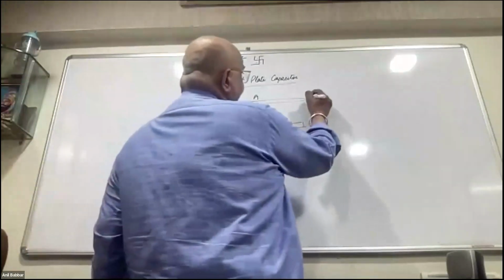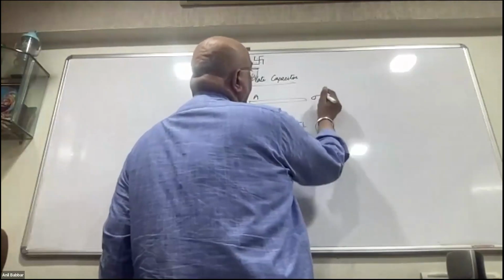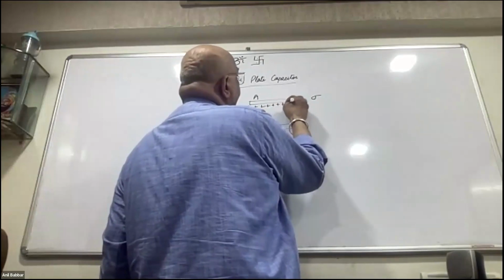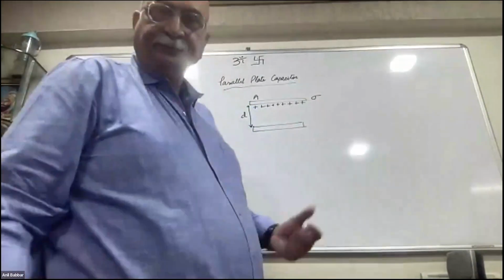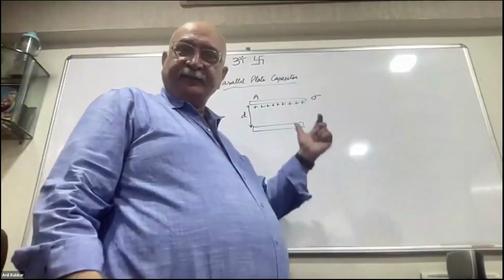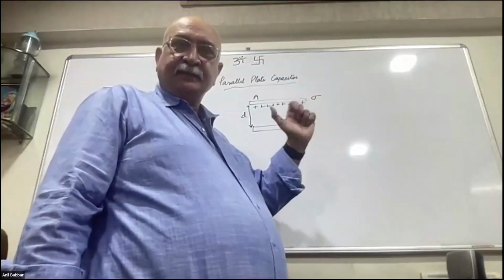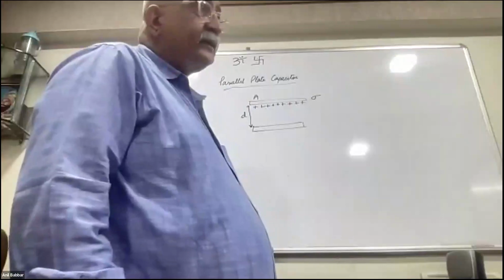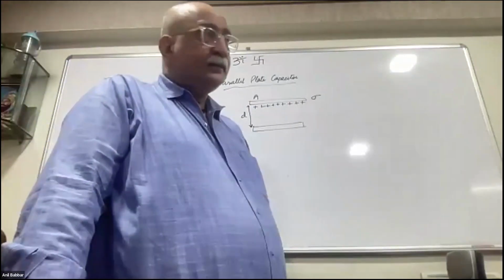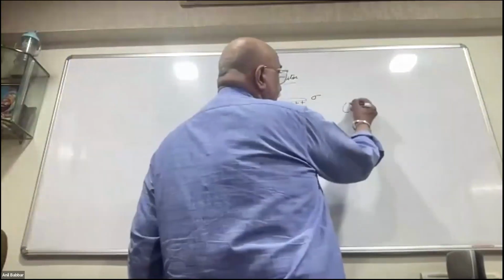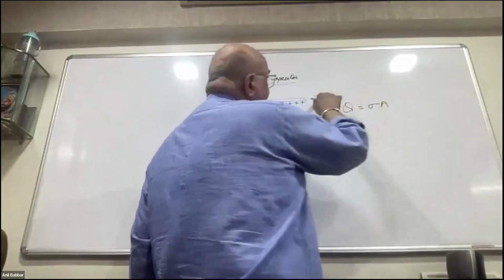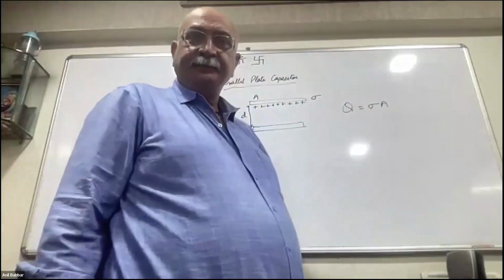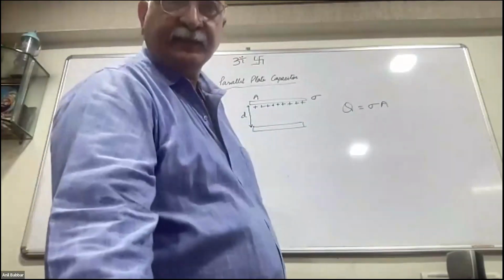And we have a surface charge density sigma. Fine. So here it is a plus charge, let's say. The upper plate is plus charge. And the total charge will be Q, that is sigma times A, because this is surface charge density, and the total charge is equal to sigma times A. Fine. That's the total charge on each plate.